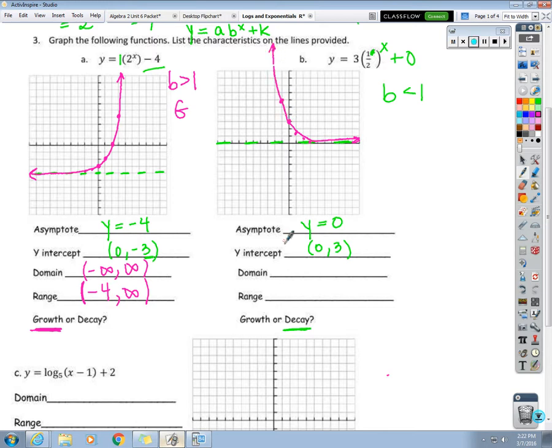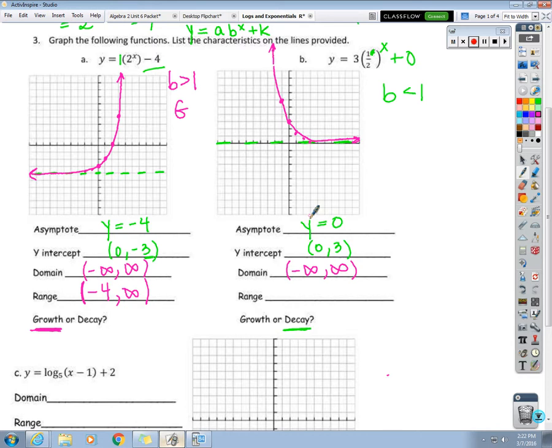Okay, so now that we have a sketch, what is the domain? Negative infinity to positive infinity. Isn't that the domain for any exponential function? Because think about it. With exponential functions, the asymptote's always a horizontal line. Well, if you have a horizontal boundary, does that affect how far left and right you can go?